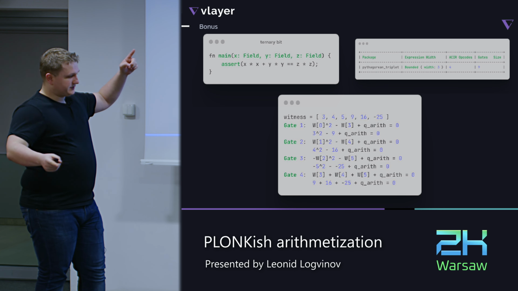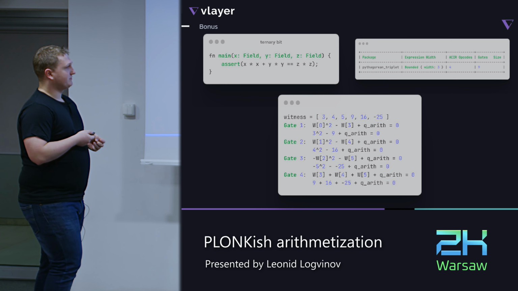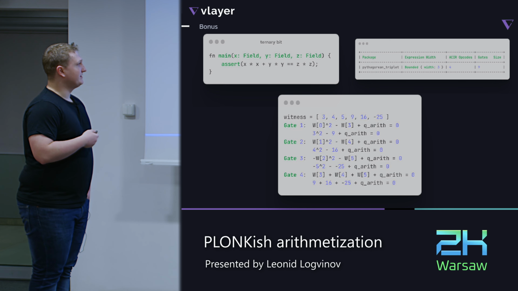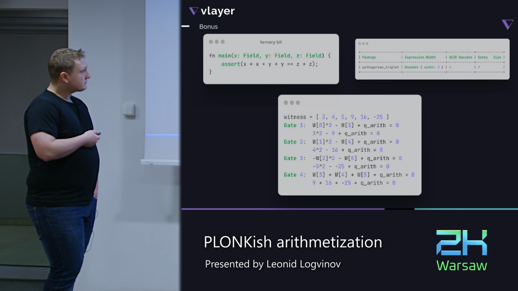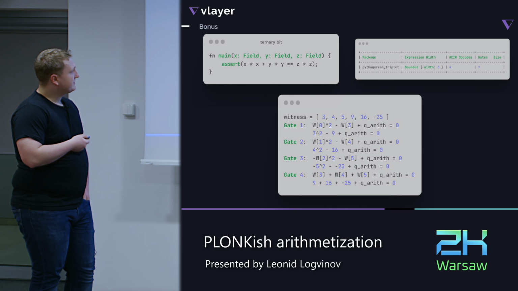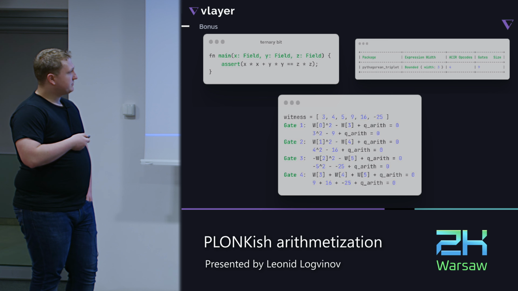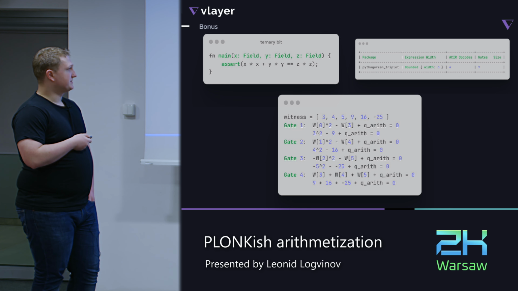So the practical polynomial for the gate is bigger because it can have different values. But let's focus on vanilla qarith. We just take the first witness value, take it to the second power, and say that it's equal to W3. So we just compute this 9 in this gate. This is essentially what this gate does.